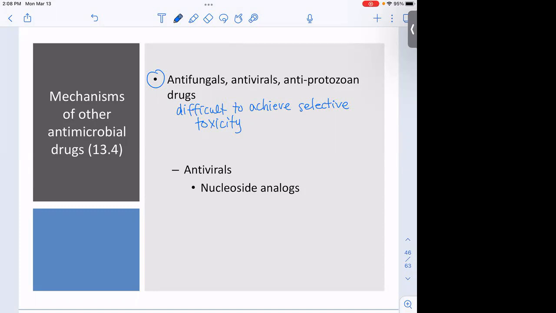Okay. I won't speak very much about antivirals right now. Later on in the semester, when we're talking about some specific infections like influenza and HIV and COVID a little bit, we'll mention some specific drugs. We have mentioned already, when we were talking about mutation, some nucleoside analogs. So we have had some success. These are drugs whose structure is really similar to a nucleoside.